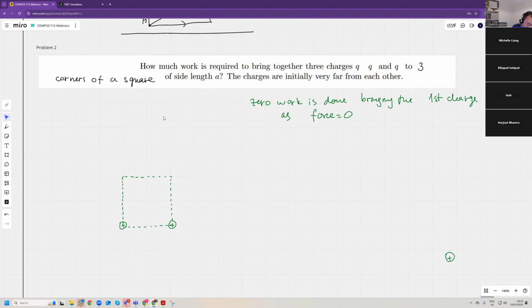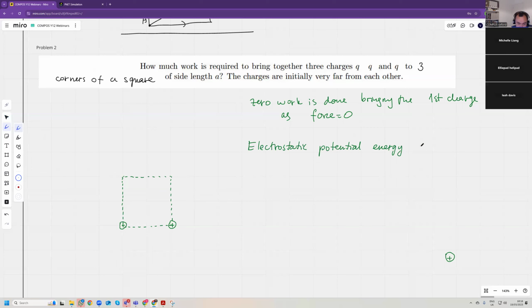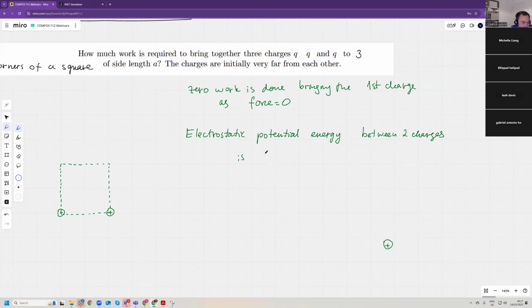You will see that the electrostatic potential energy between two charges is U, and it's equal to Q1 Q2 divided by 4 pi epsilon naught R. Okay, so this is the potential energy between two charges.